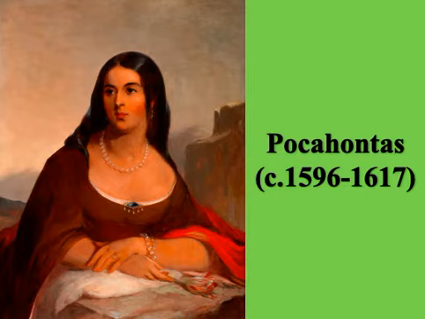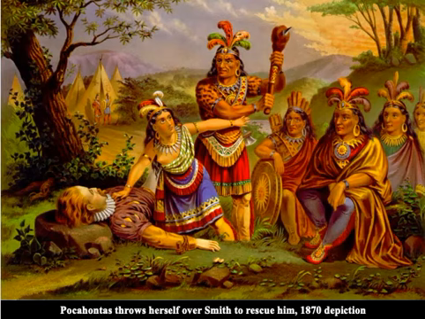Now, there's this strange episode in which, on one occasion, John Smith seems to be kidnapped by Powhatan's tribe and is brought to their meeting area, and John Smith is put down and has his head laid on a rock, and Powhatan's warriors go through this ritual, and it appears that they're going to smash his head on the rock until Pocahontas runs over and stops the hand of the warriors, therefore seeming to save John Smith's life.